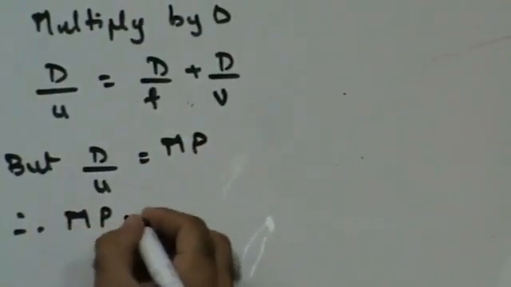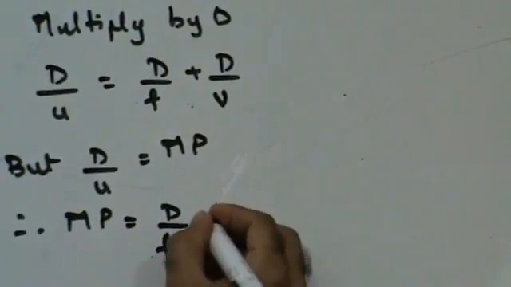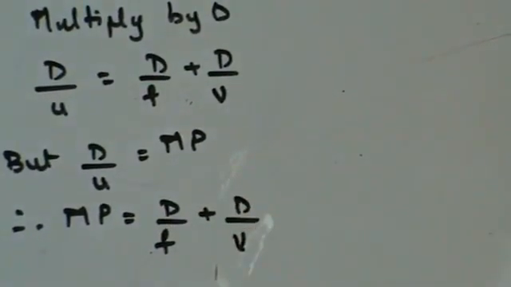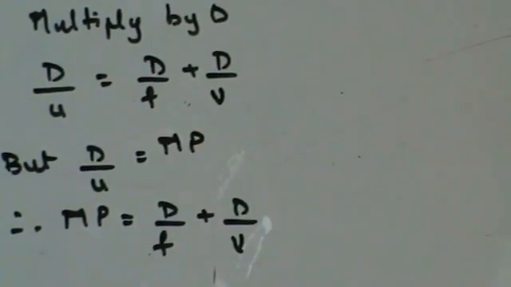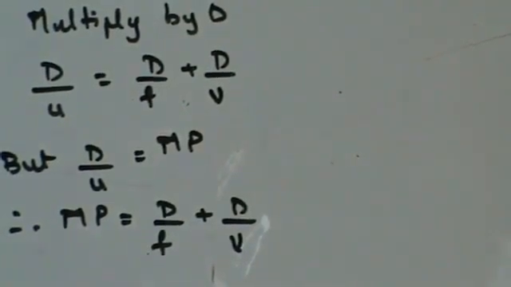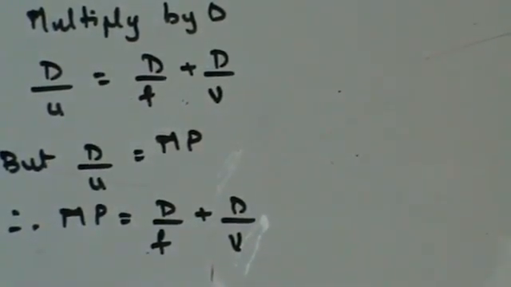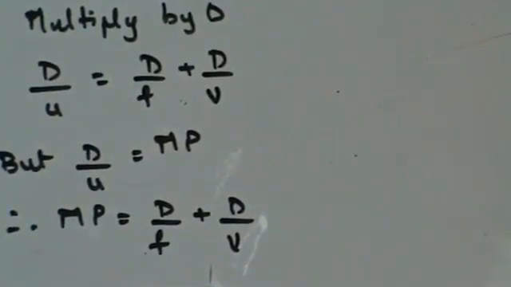Therefore, magnifying power for simple microscope is d upon f plus d upon v, right? So it is clear that the magnifying power of a simple microscope depends upon the image distance. F cannot be changed, D cannot be changed. The only variable there is the image distance, right?